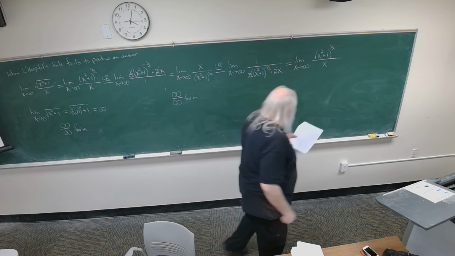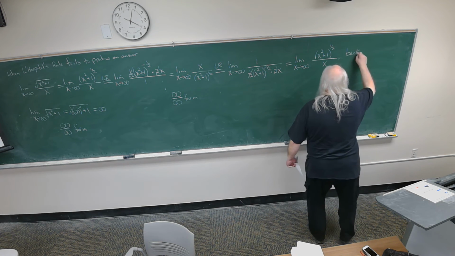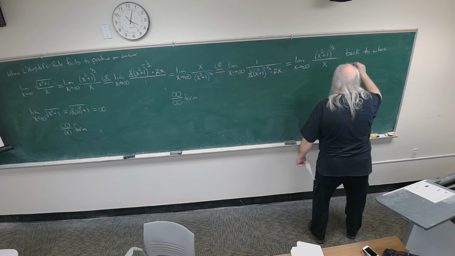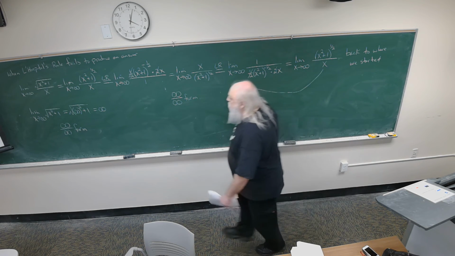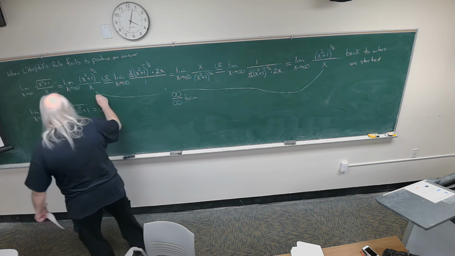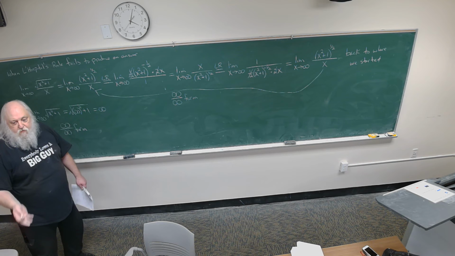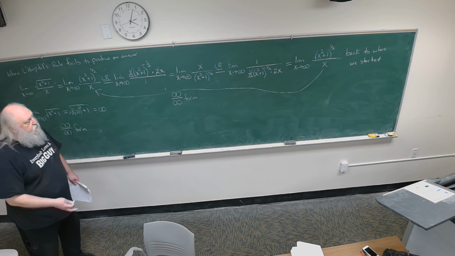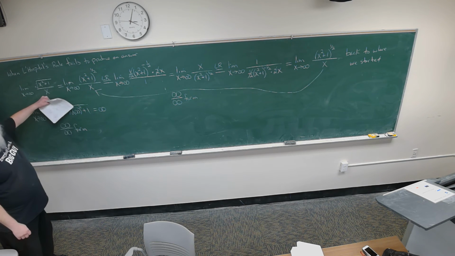So we're back to where we started. So that's what it means. You cannot conclude from L'Hopital's rule, if it fails to produce an answer, that this limit does not exist.